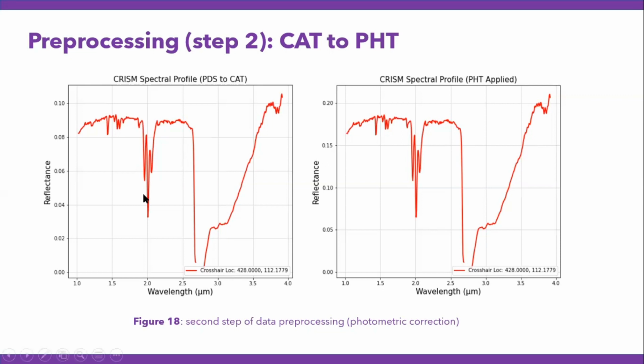We apply photometric correction once we convert data from PDS to CAT. Why is this correction important? Because it's going to calibrate data to reflectance, or to non-apparent radiance data. This is important for the study because it's going to give us an accurate radiance for non-solar incidents.